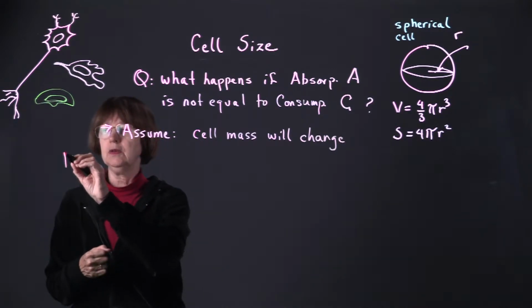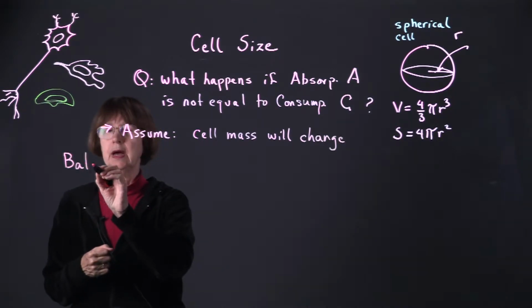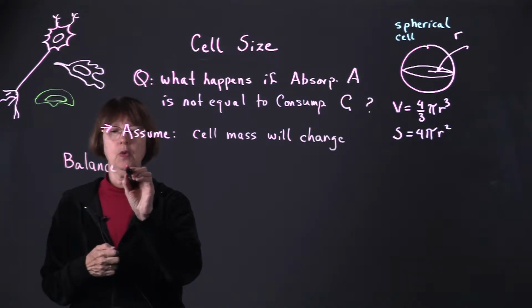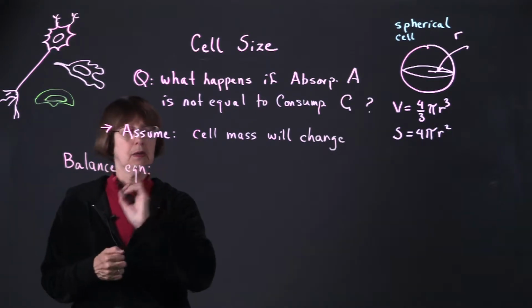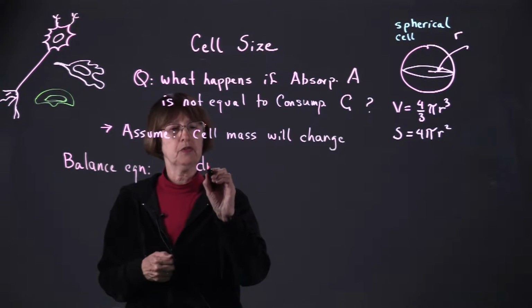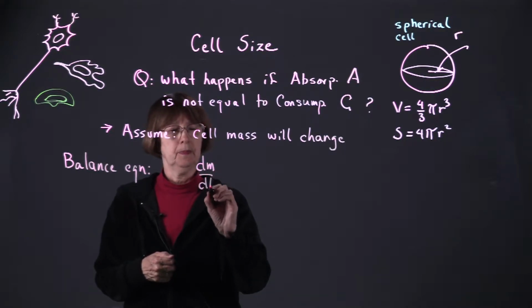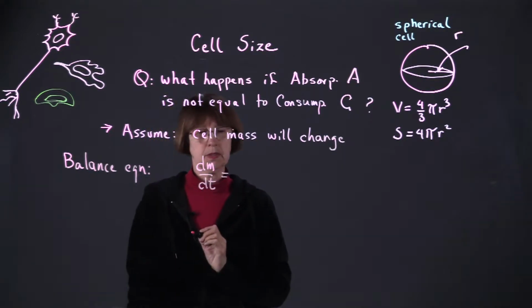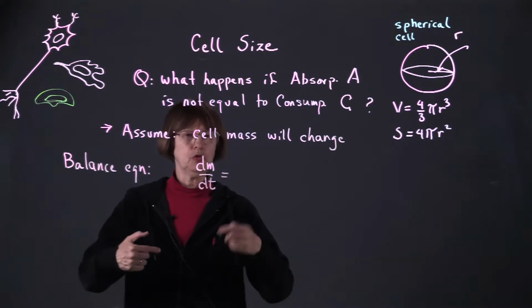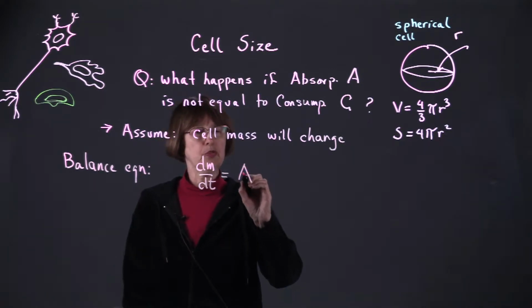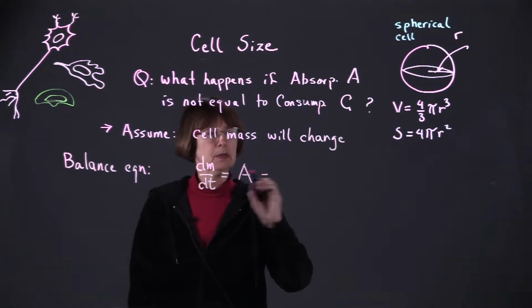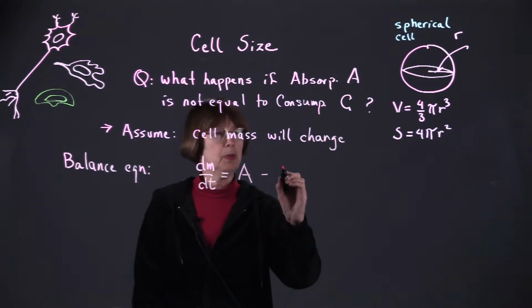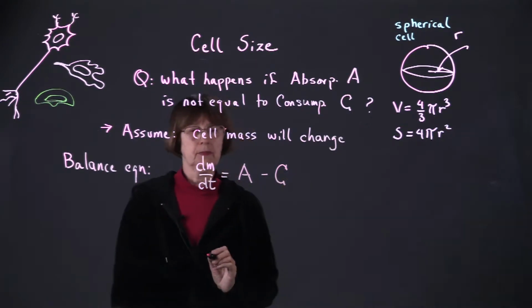So we can do this by writing down the following balance equation for the mass, in which we say the rate at which the mass changes is the rate at which nutrients come in, which is the absorption rate, minus the rate at which they are used up, the consumption rate.